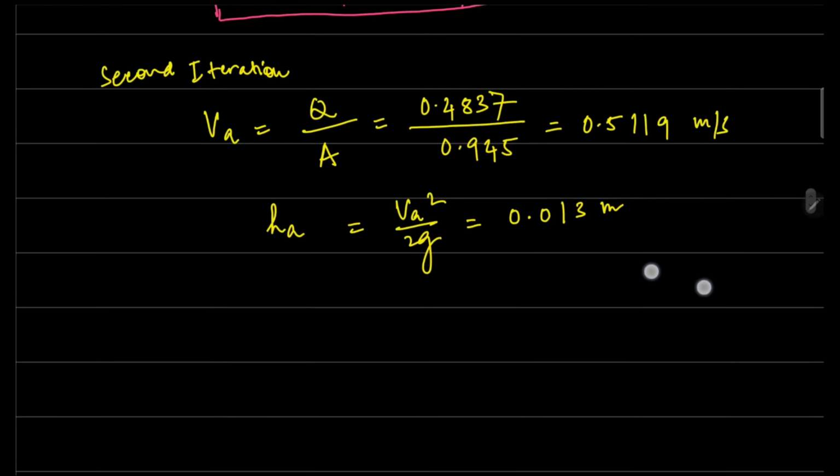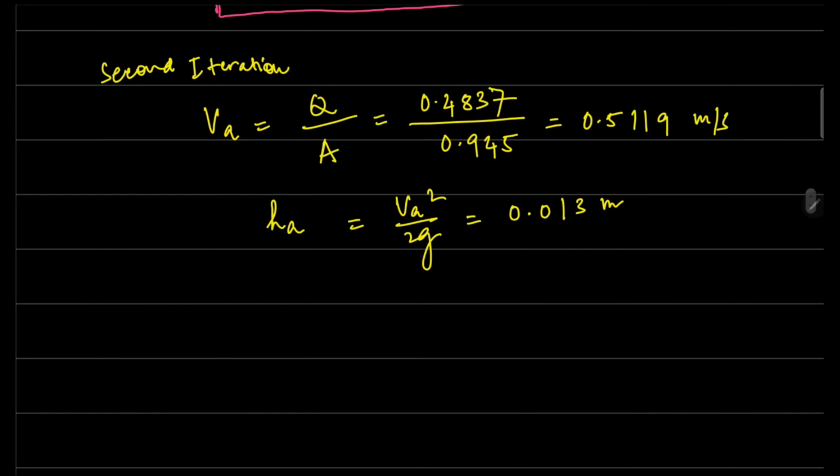So this is our Ha. Now we will use this Ha in the expression of Q. Then the Q value will be 2 by 3 CD multiplied by the length of the weir, which is also the width of the channel. You need to remember that L is equal to b because this is a suppressed weir.